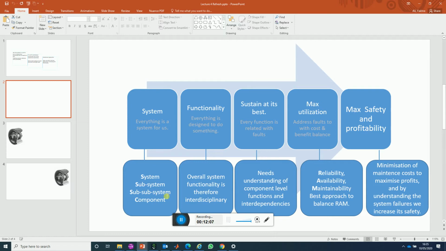Okay, we must understand the functionality of this system and how this functionality is influenced throughout the subsystems hierarchy. We then need to really understand at subsystem and component level all the ways it can fail.